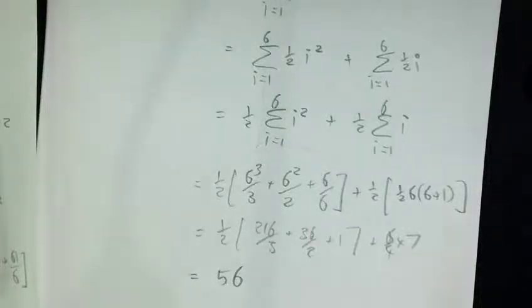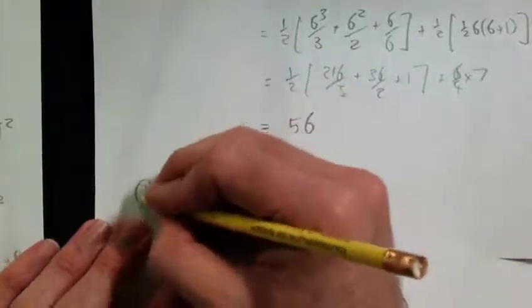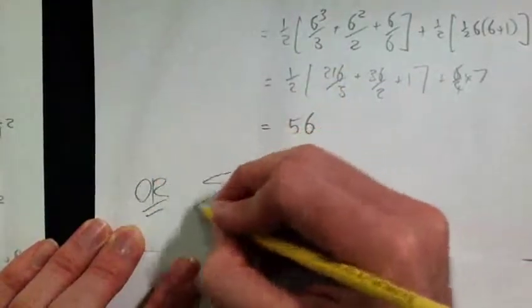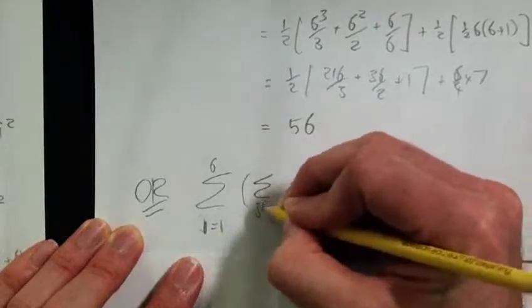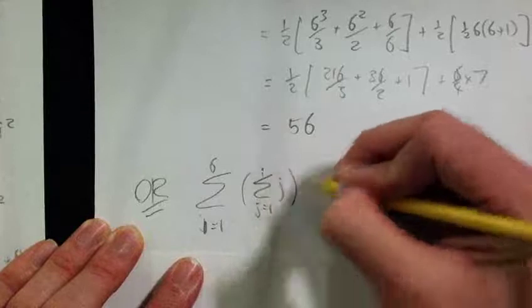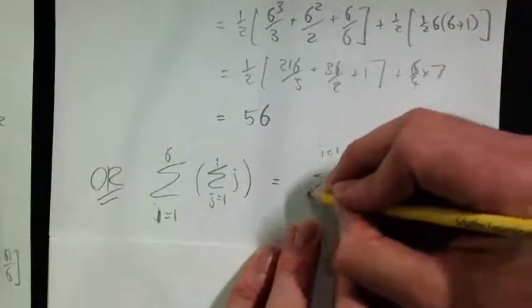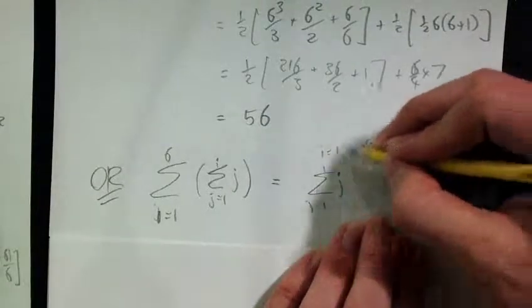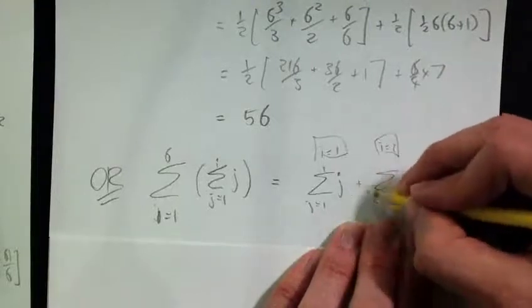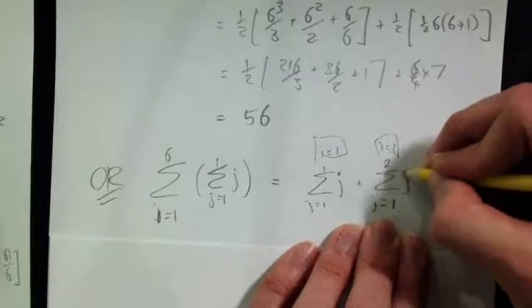Just to prove that the other method really would have worked, I'm going to do that too. If I is 1, I would have gotten the sum from j equals 1 to 1 of j. If I equals 2, I would have gotten the sum from j equals 1 to I, but the I is 2 of j.